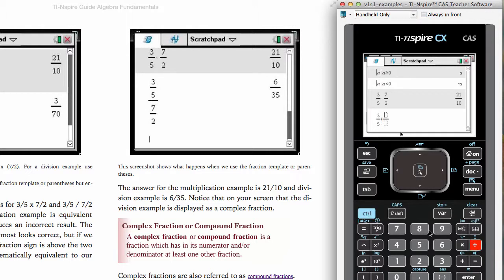We'll put in 7/2 and we'll press enter. Notice we end up with the 6/35, just like we did here on our screen, but notice that it switches it over to a complex or compound fraction. So again, this is very handy to use for manipulating fractions and fractional expressions.